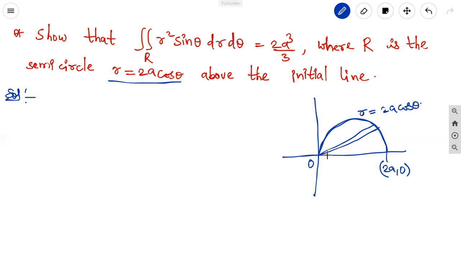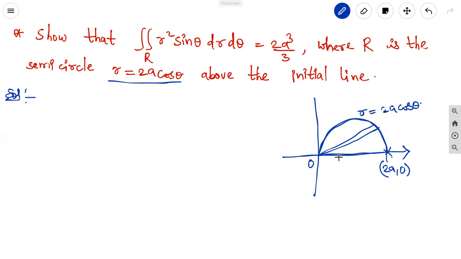On the horizontal line, the diameter is 2a, that is, from 0 to 2a. For the vertical axis, taking the polar form, r is 2a and θ is from 0 to π/2, which forms a semicircle.